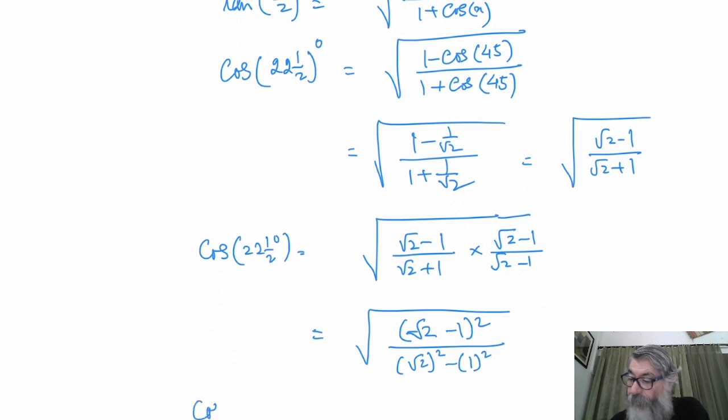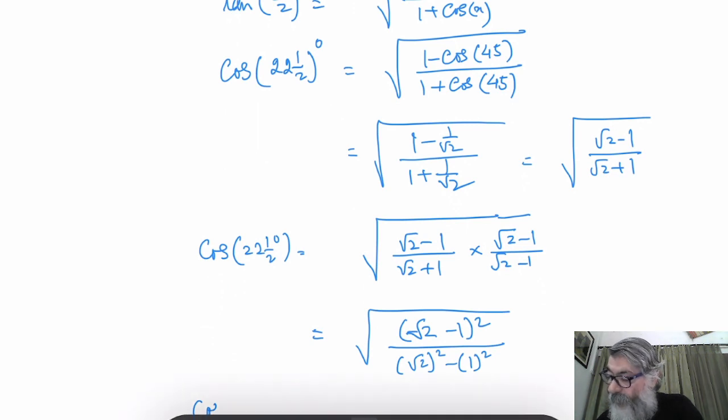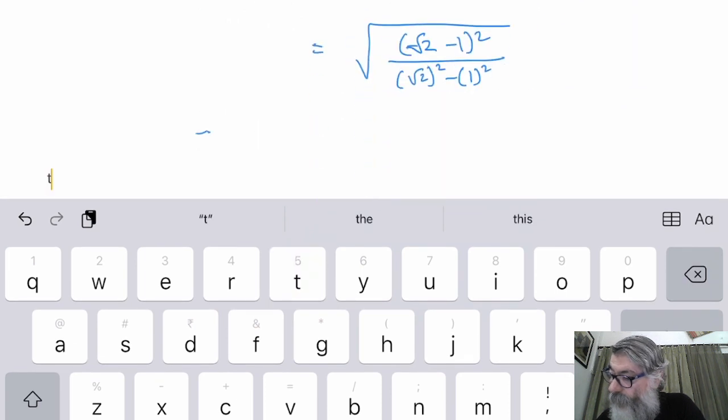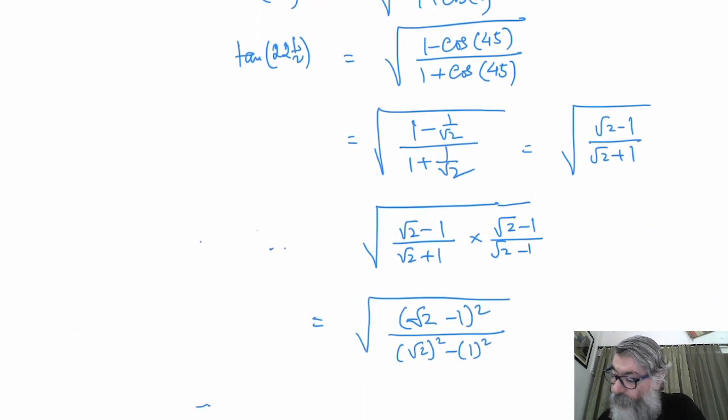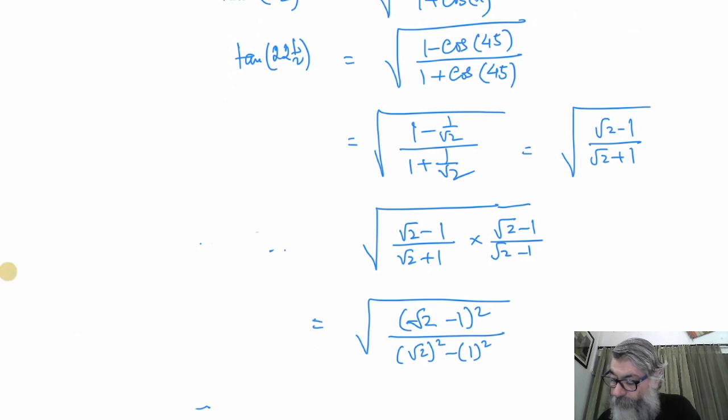So tan 22.5 degree will come out to be root 2 minus 1.